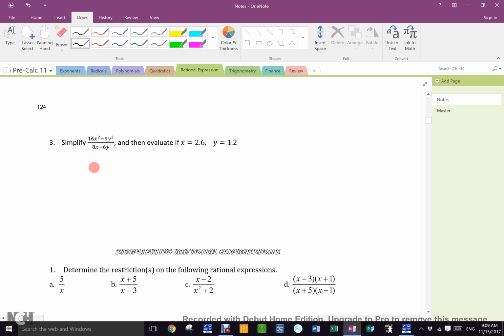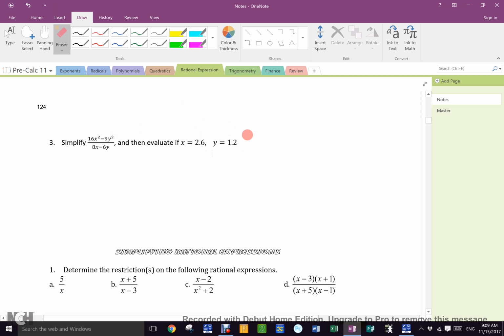Now, when you guys are faced with these, the first thing that 99% of kids do right away is they take X and they put it in there, they take Y and they put it in there, right?